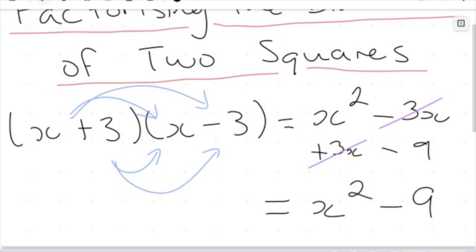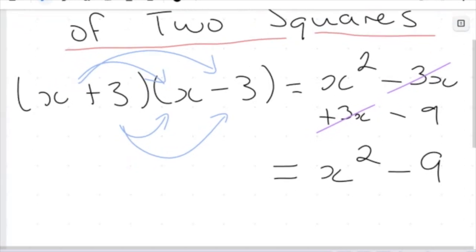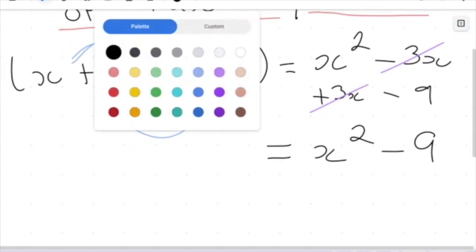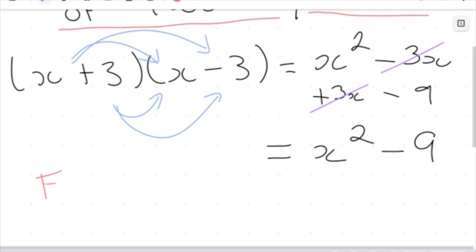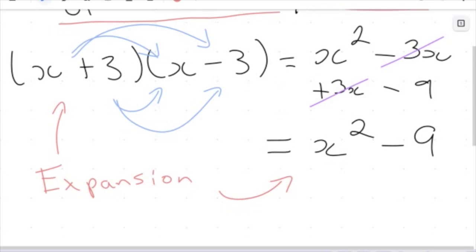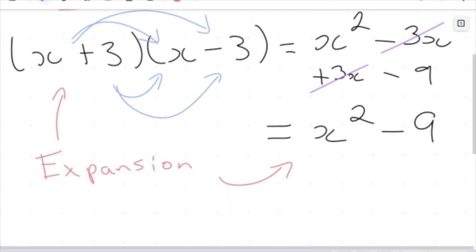And we saw a lot of these different types of patterns coming up in our expansion video. So what we've just done is we have expanded. This is an example of expansion, going from this to this. Now, let's think about how all of these numbers, how this, for example, interacted with all of these things here.